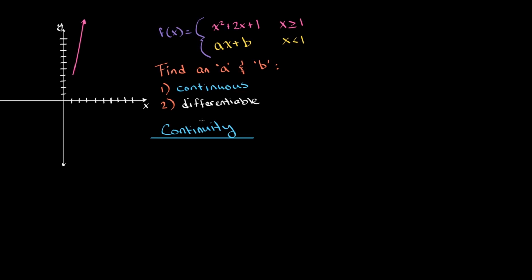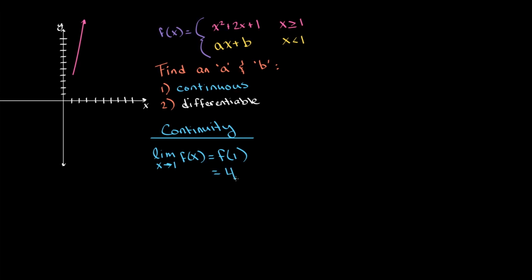So in order to ensure that we are continuous, we are going to say that the limit as x goes to 1 of f of x needs to be equal to f of 1. And what is f of 1? Well, our piece of the parabola is defined at x equal to 1, so we have 1 plus 2 plus 1, which is 4.